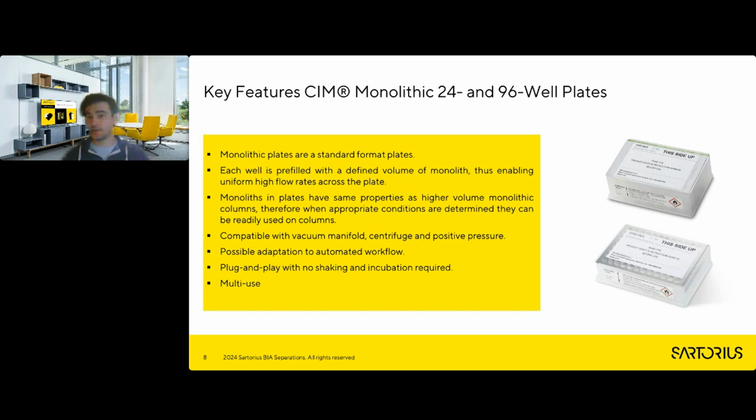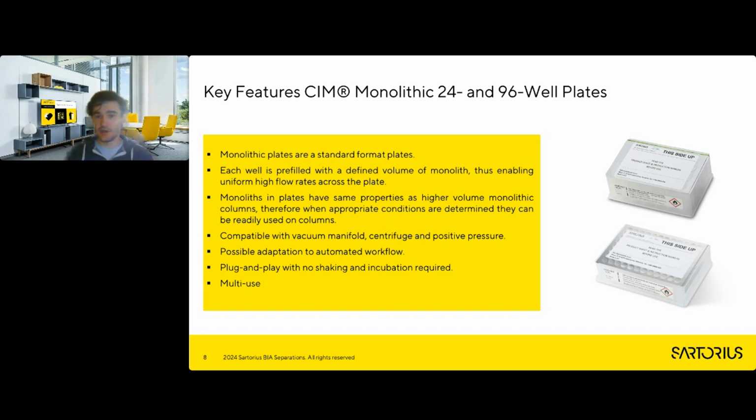The plate can be operated manually via vacuum manifold, positive pressure manifold, or centrifuge. If you have a liquid handler, you can also use that, so automation with a liquid handler is possible. The beauty of the plate is that it's a plug and play format, so no shaking or incubation is required.